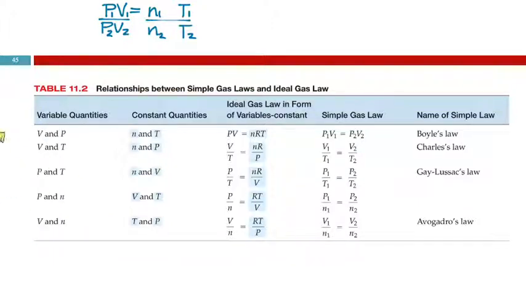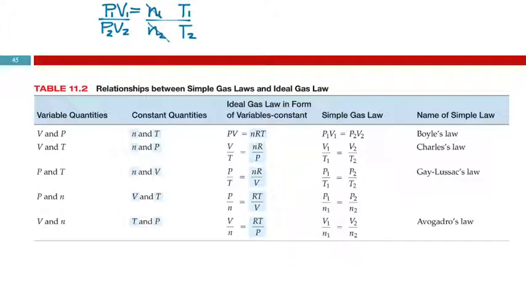Pick one of these. Volume and temperature. Okay, we'll do this one. So the volume and the temperature are going to change. That means that n and the pressure are going to stay the same. So if n1 is equal to n2, then those cancel out.